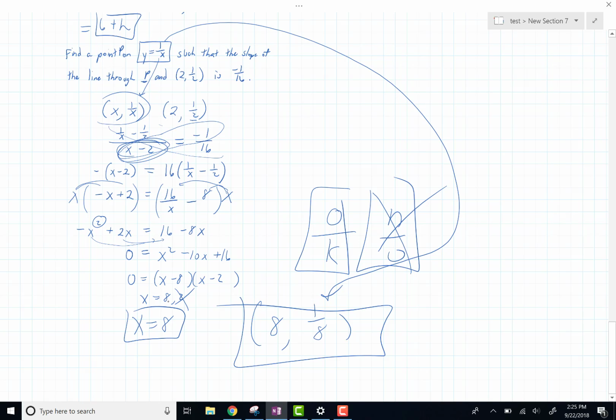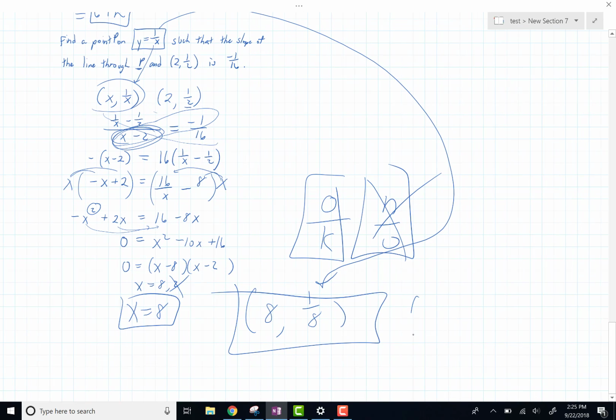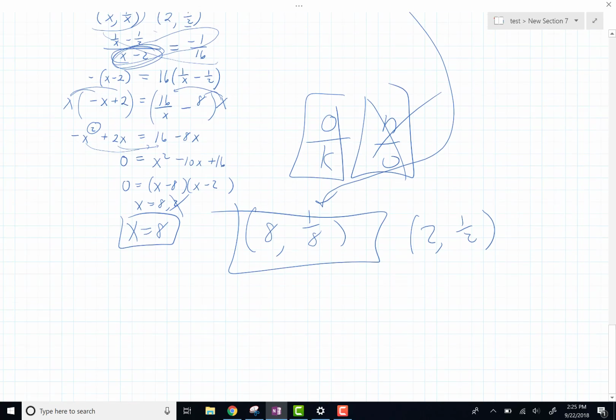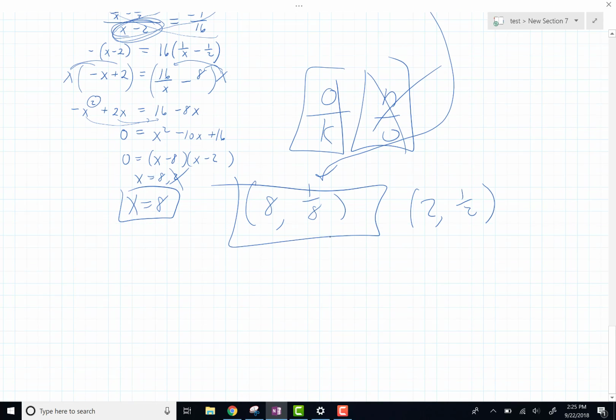If we felt like it, we could now take those 2 points, 8 comma 1/8, and 2 comma 1/2, and check to make sure that the slope really is negative 1 over 16. Not sure I really feel like doing that, but we could. Why not, right? We'll take the changes in y's, so 1/8 minus a half, over the change in the x, so 8 minus 2. So that's 6 on the bottom.